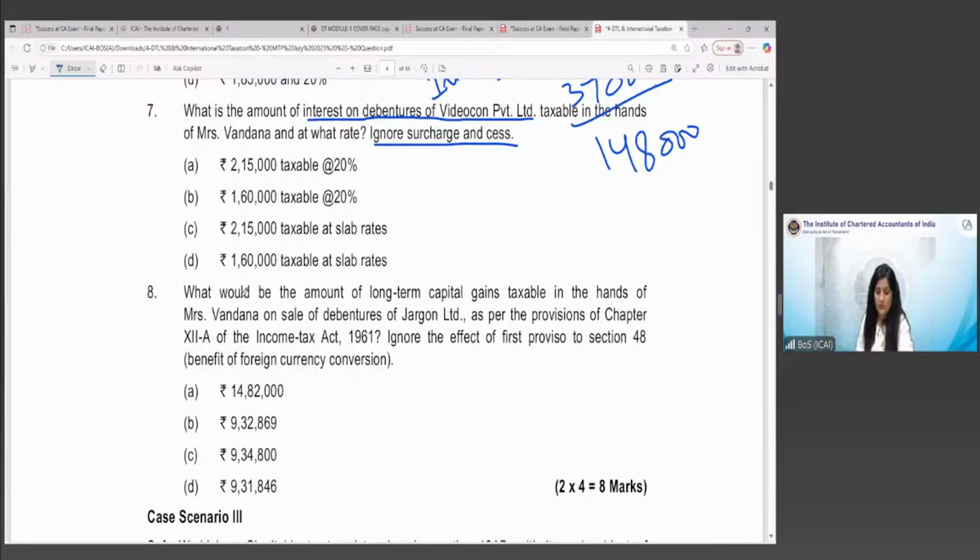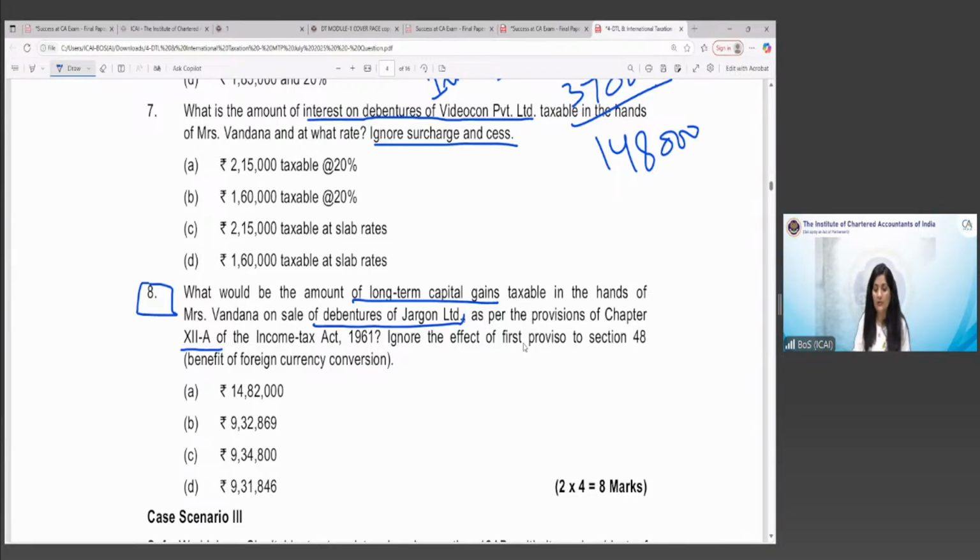Now the next question is, this is the last question and it has some computation. So I have to tell you the computation. यहाँ पे question बोल रहे हैं, you have to compute the long term capital gains taxable in the hands of Mrs. Vandana on sale of debentures of Jargon Limited, as per the provisions of Chapter 12A. Chapter 12A contains the special provisions for computing the total income and tax liability on particular specified incomes, basically special provisions for taxing the specific incomes.